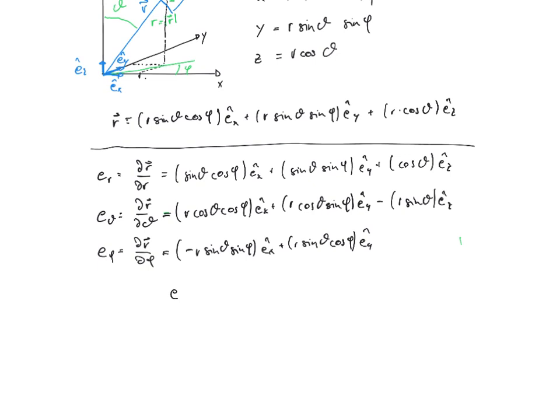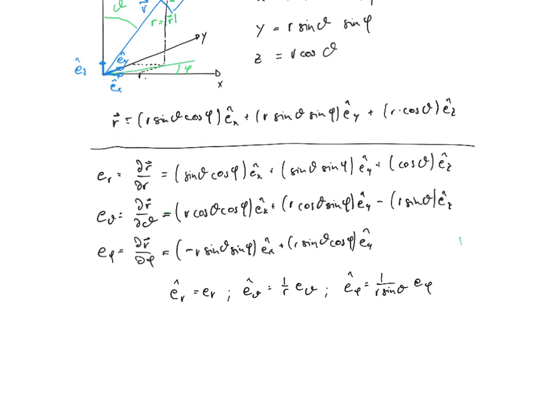So the normalized unit vector in the r direction is just e r; you can check yourself that its magnitude is 1. Then in the theta direction, we need a 1 over r to make this normalized. And in the phi direction, we get 1 over r sine theta e phi.